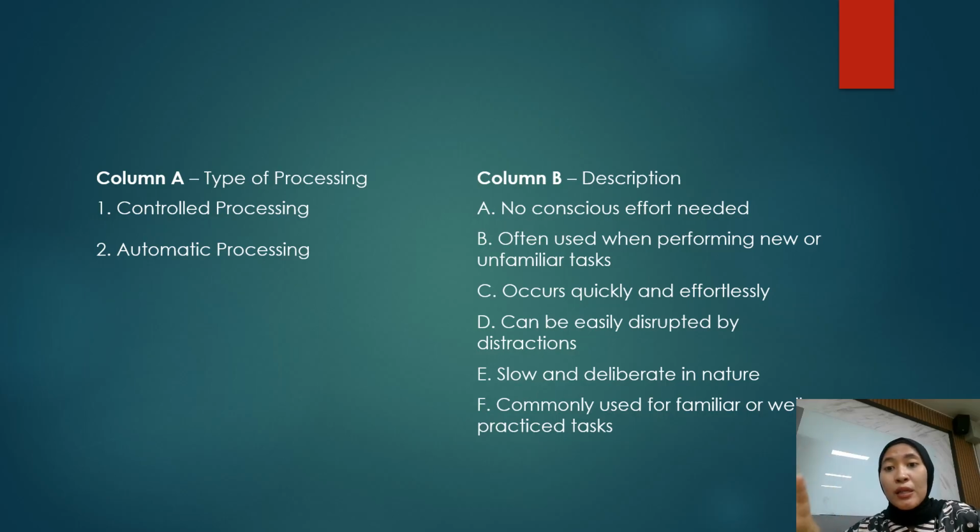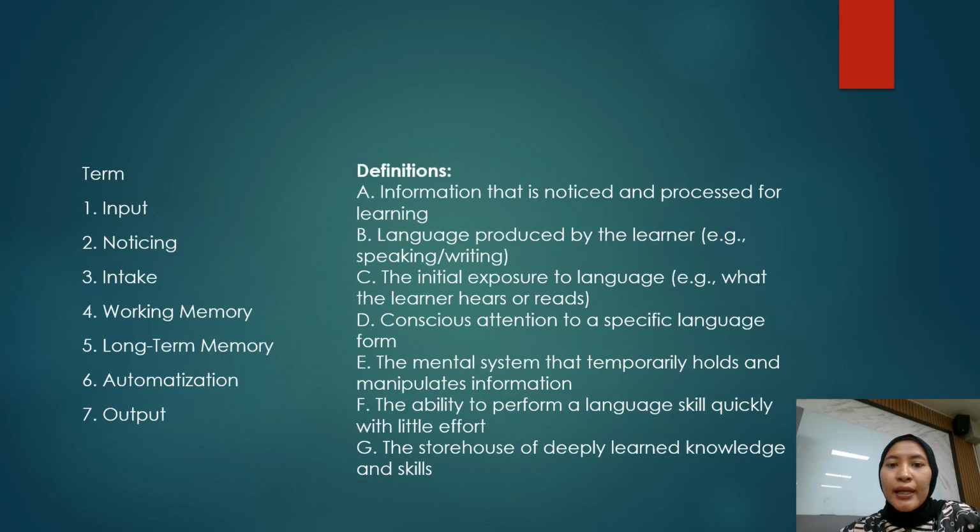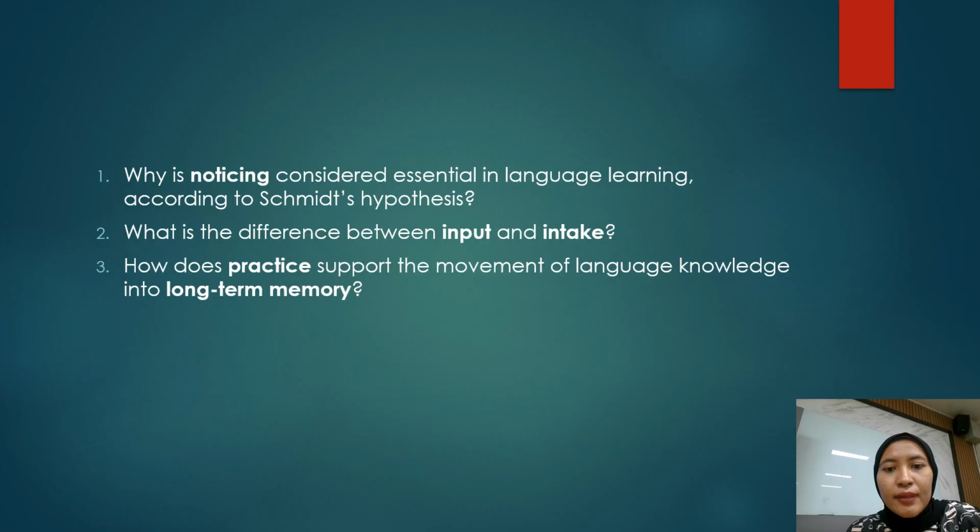So which description matches controlled processing and which matches automatic processing. The next exercise is to match the terms input, noticing, intake, and so on with the definitions in the next column. For this exercise, you need to answer the questions based on what we have learned so far.